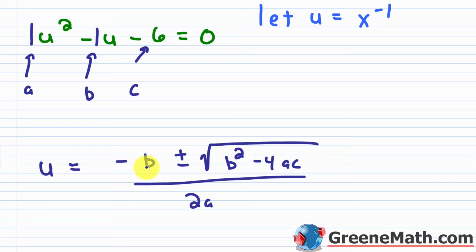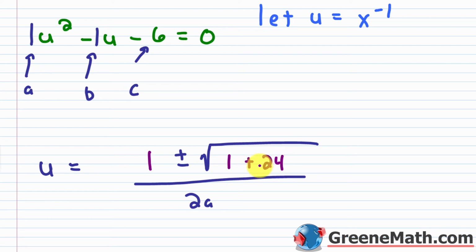So for the negative of b, I know b is -1. The negative of -1 is +1. Plus or minus the square root of, you've got b squared, -1 squared is 1, minus 4 times a times c. A in this case is 1, c is -6. So if you did 1 times anything, it's just itself. So really you get -4 times -6, which is 24. So you can write this as plus 24.